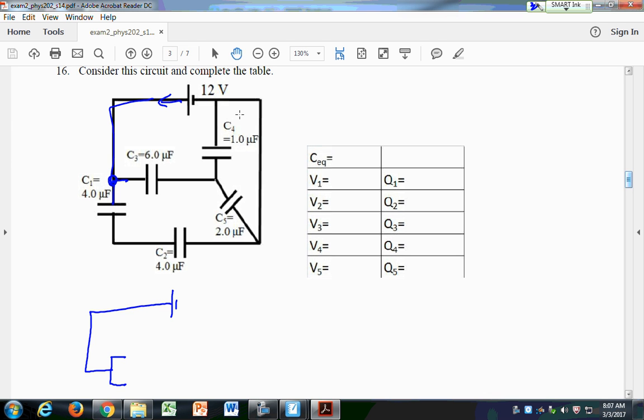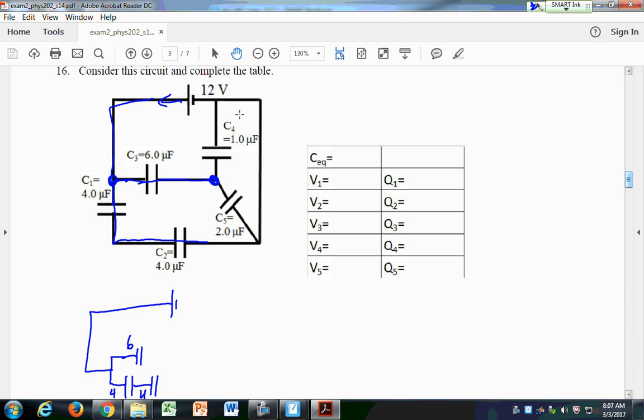On this one, I have two capacitors. I'll do this on the bottom. I have a 4 and a 4 microfarad capacitor, there and there. Up here, I have a 6 microfarad. And then notice that I break up into another junction.